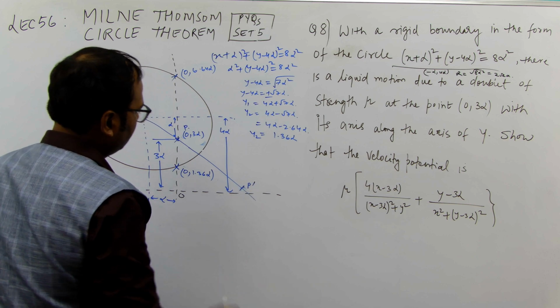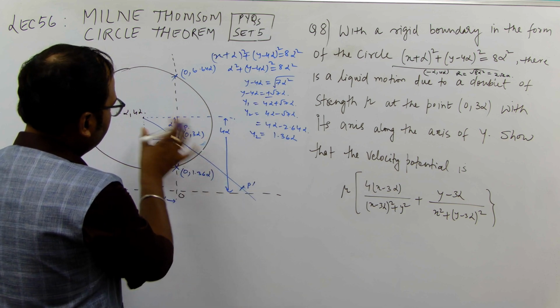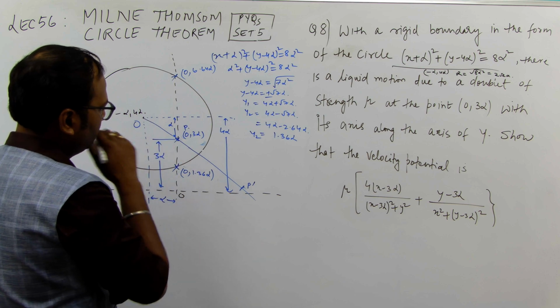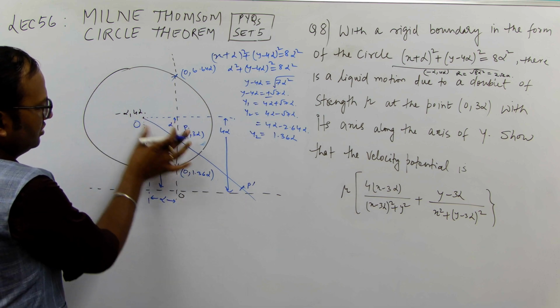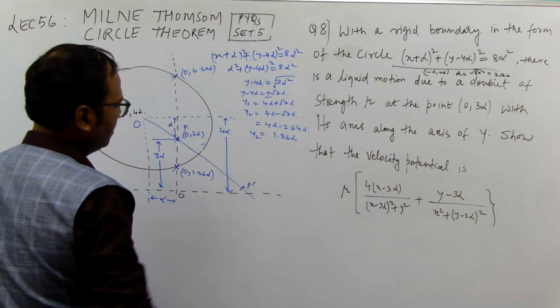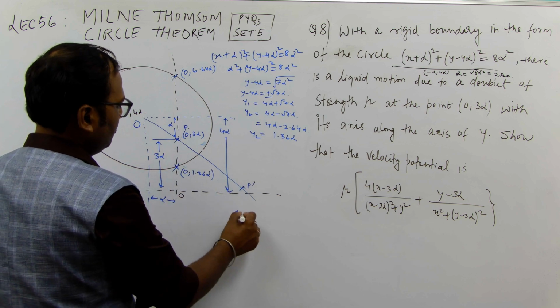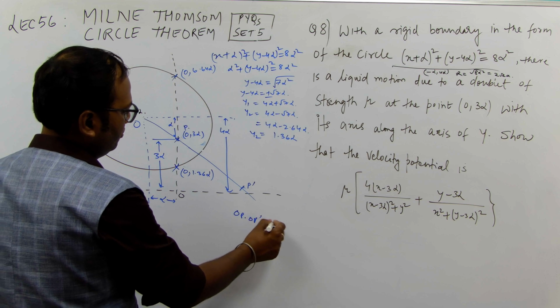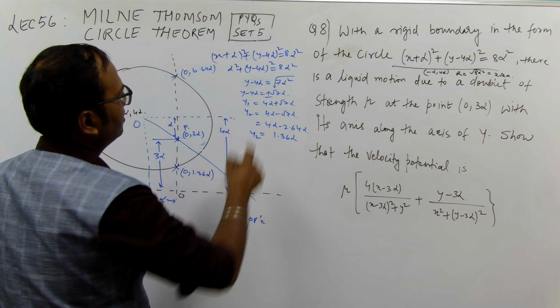We have to calculate OP dash. Since P dash is the inverse point of P, we have OP into OP dash equal to radius square, which is 8 alpha square.